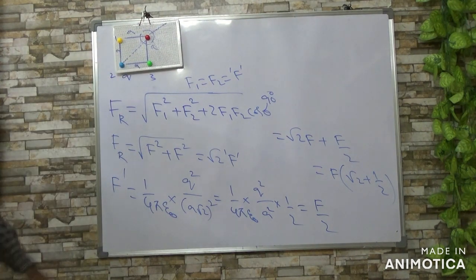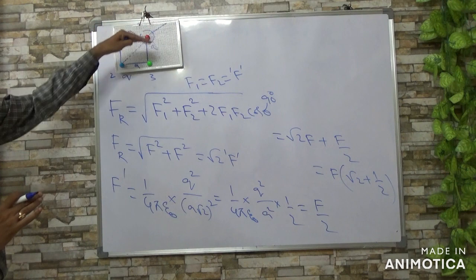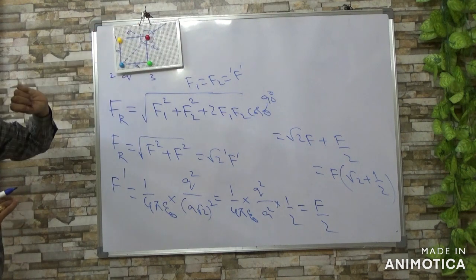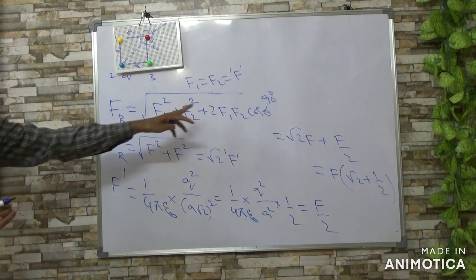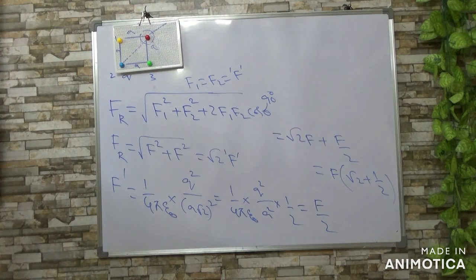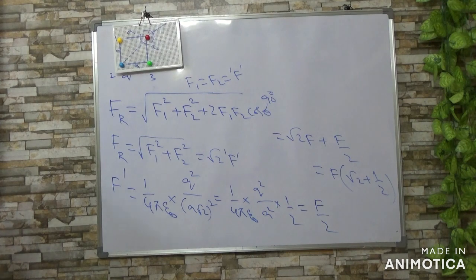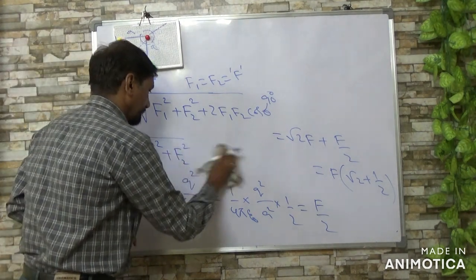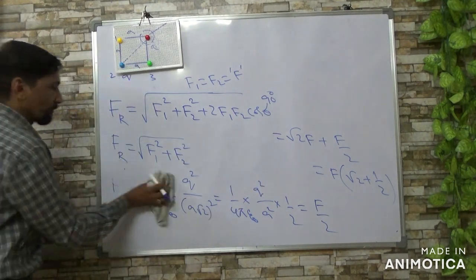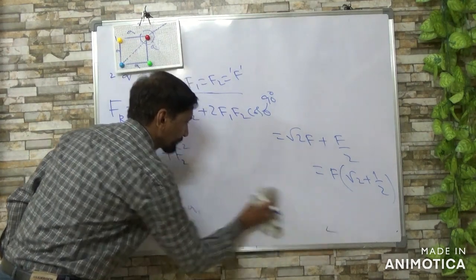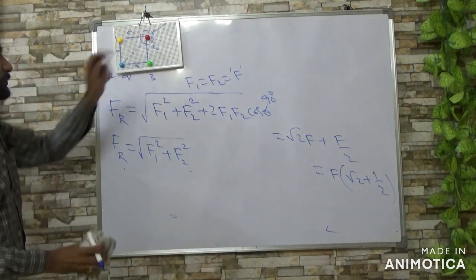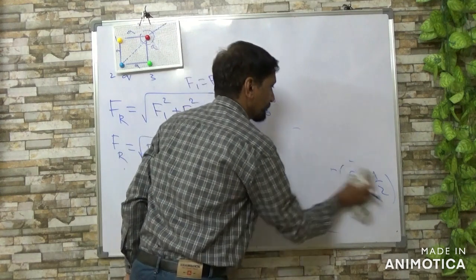Then how do you find the action of these two? First find F1 and F2 on this, then you can find the resultant force. Next, the force between these two, say F3.